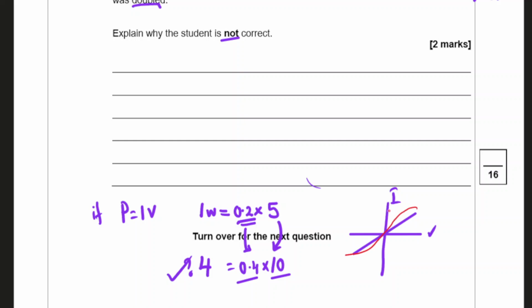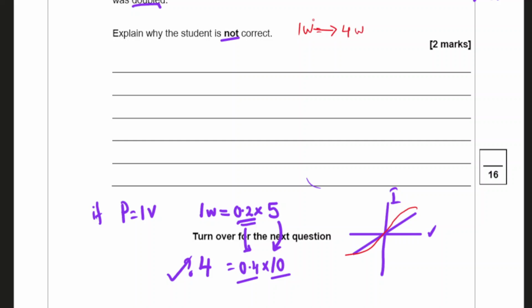That's the reason the power is not going to be 4 watts or quadruple. The power is not going to move from 1 watt to 4 watts.